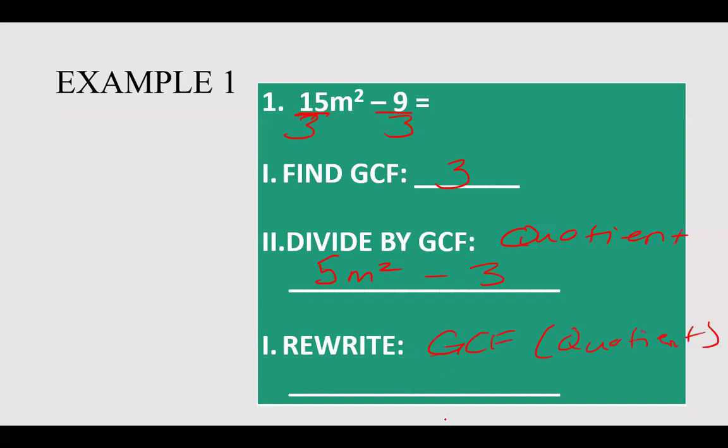If you get rid of either part of that, you're producing a different expression. So we take our GCF, 3, and times it by our quotient, 5m squared minus 3. So our factored form would be that. It's the GCF times your quotient.